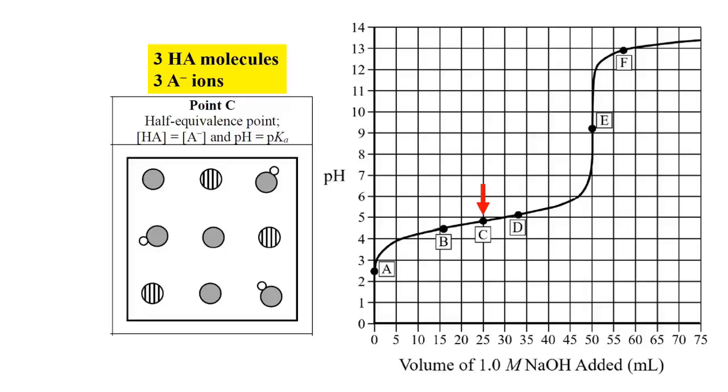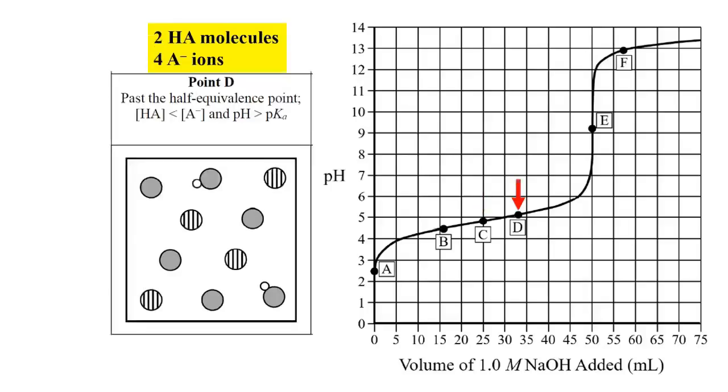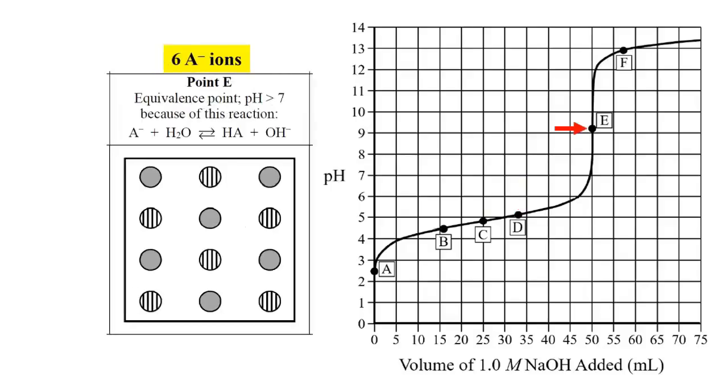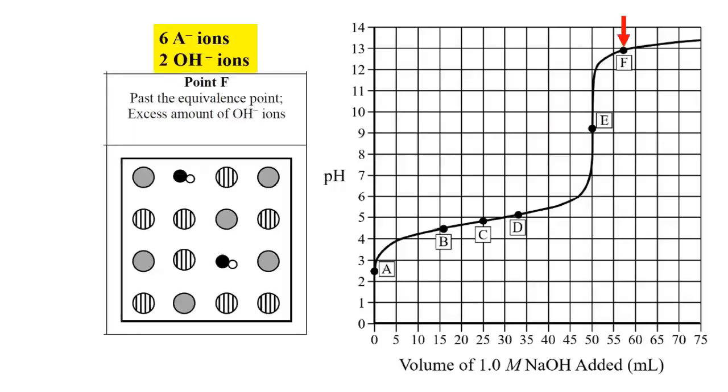And when I go past the halfway point in the titration, now there are more particles of A- and fewer particles of HA. What happens at the equivalence point is that all of those particles of HA have been converted into particles of A-, the conjugate base. And if I kept going, there would simply be an excess amount of hydroxide ions if you move past the equivalence point.